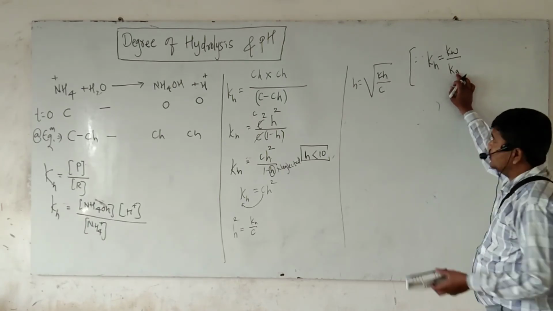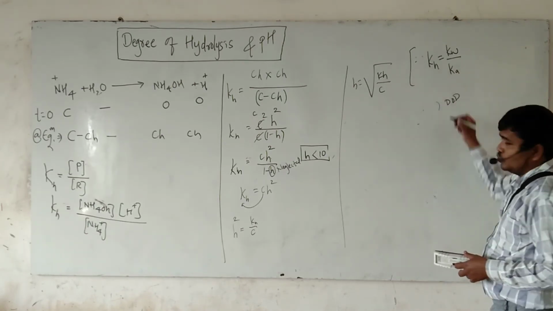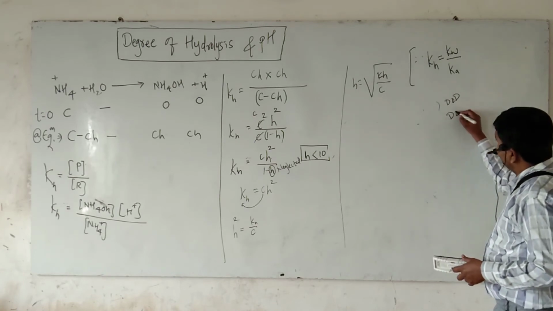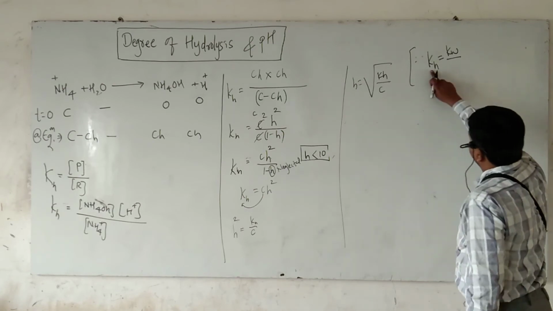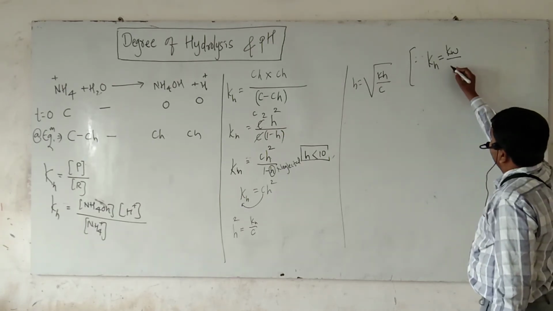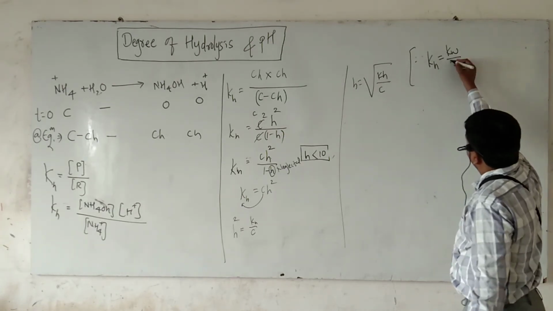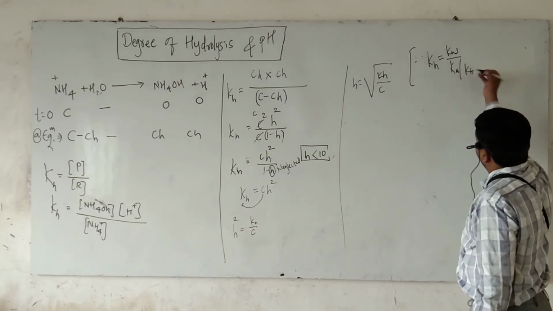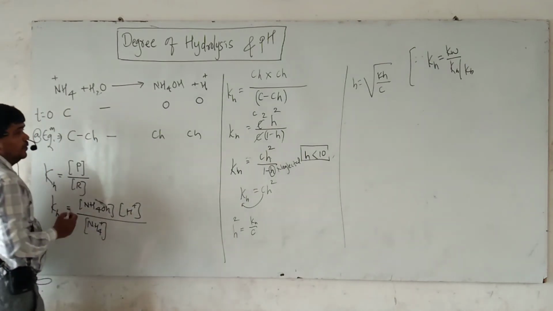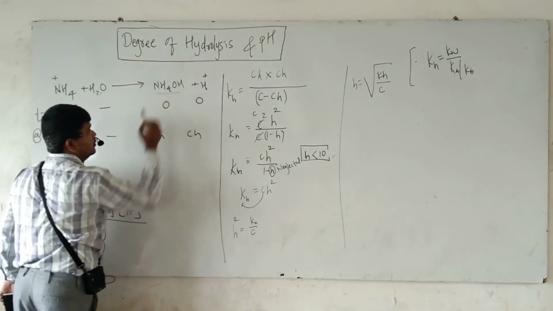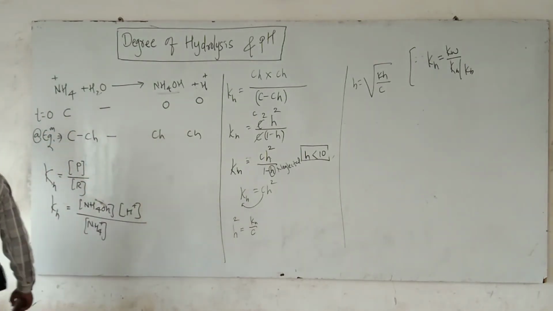In the previous session we discussed this for the degree of dissociation. Now we are discussing the degree of hydrolysis. In the degree of hydrolysis, KH can be calculated by the same formula again, Kw by Ka or Kb. Now Ka or Kb, how to decide? What is the product? NH4OH.